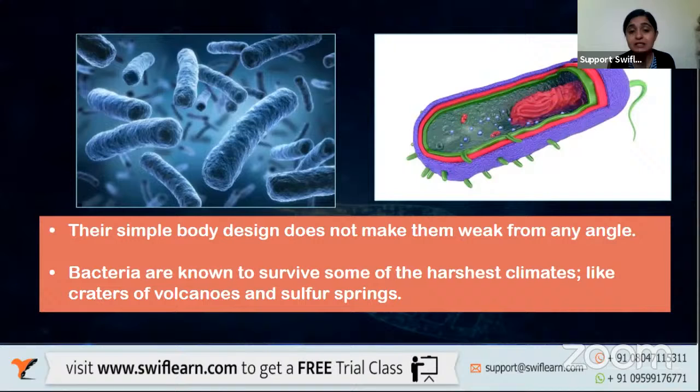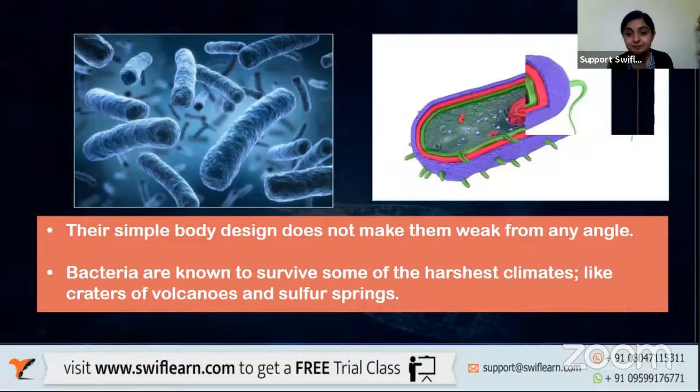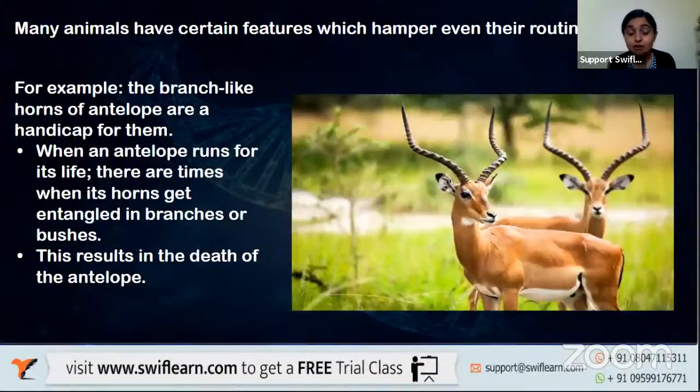Their simple body design does not make them weak from any angle. Bacteria are known to survive some of the harshest climates, like craters of volcanoes and sulfur springs. So it does not at all make them a weaker organism, isn't it?